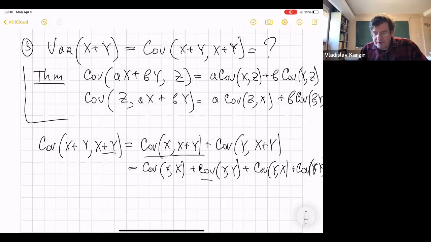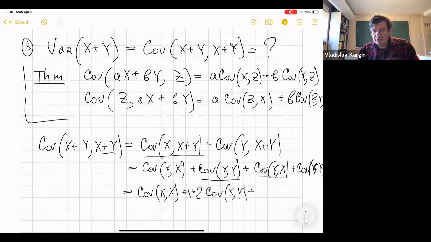And now we look at the covariance of xy and covariance of yx. I said that it's kind of a symmetric function, right? So covariance of xy and covariance of yx are equal to each other. So we'll say that this is equal to covariance of xx plus 2 covariance of xy plus covariance of yy.